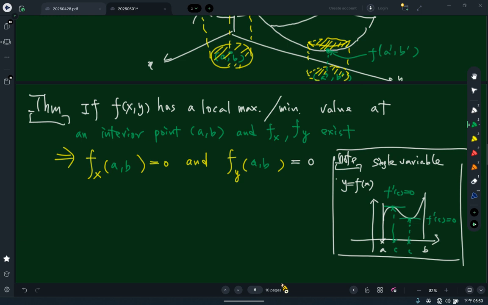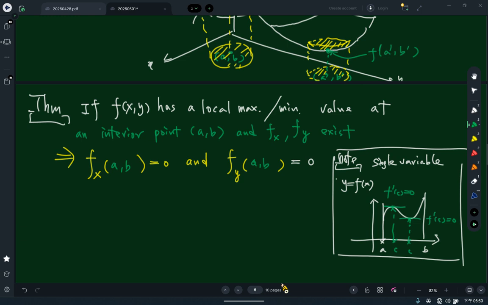If for some interior point (a, b) of a two variable function, partial f partial x exists, that means differentiable. For single variable, it should be differentiable. For two variables, we just need to have partial f partial x and partial f partial y exist.